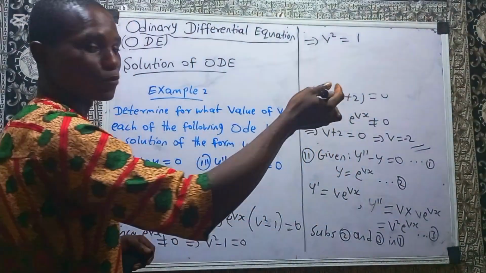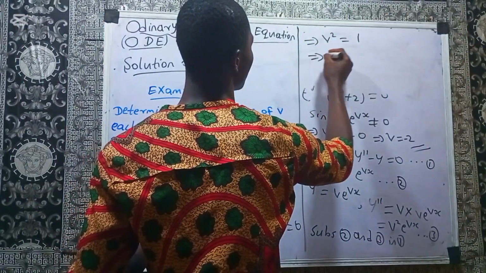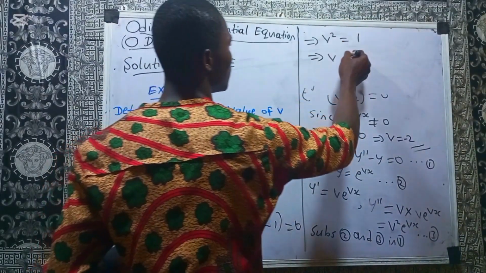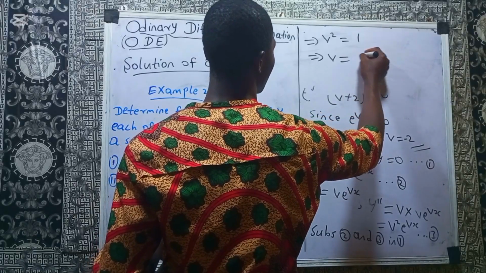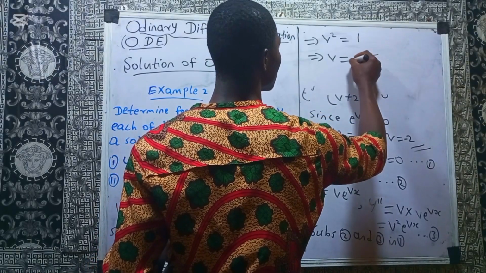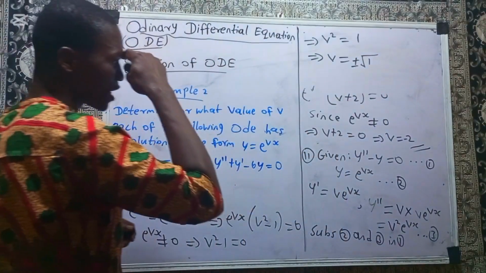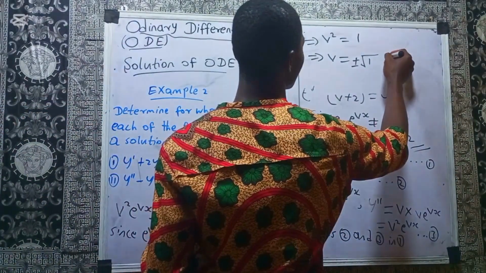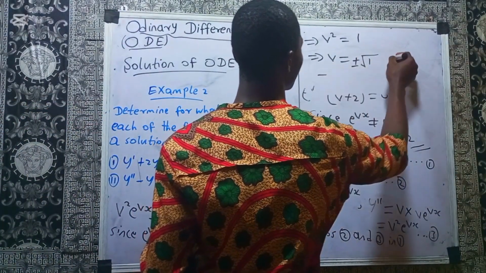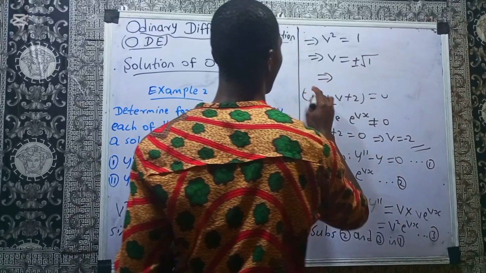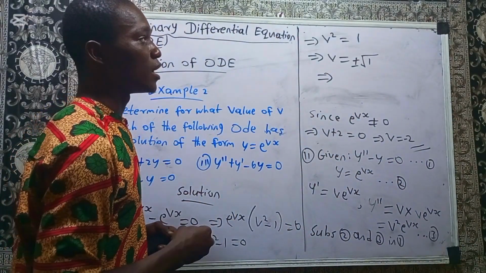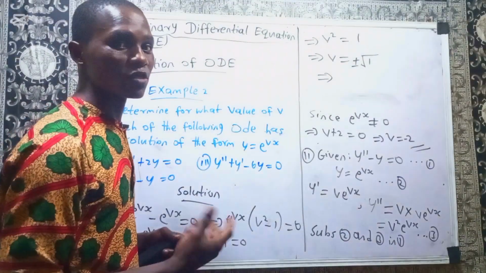And you can take square root of both sides, right? Take square root of both sides. We have that v, put square root here. Square root will cancel this square. Then put square root here. You now have square root of 1, but you have to do plus or minus square root of 1, right? So if you do plus or minus square root of 1, square root of 1 is what? 1.